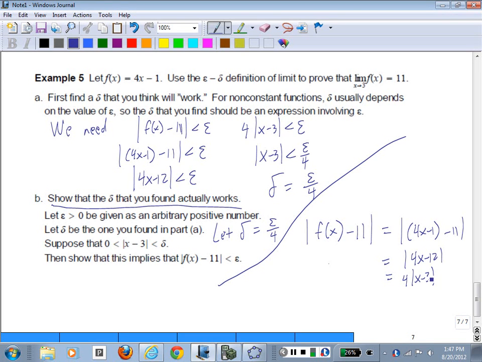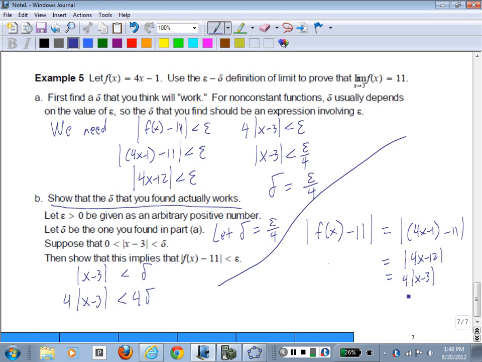I think this is probably the most challenging step in the process. We come back here and look and see what we're supposing. We're supposing that the absolute value of x minus 3 is less than delta. Well, if we're supposing that, then 4 times the absolute value of x minus 3 is less than what? 4 delta.